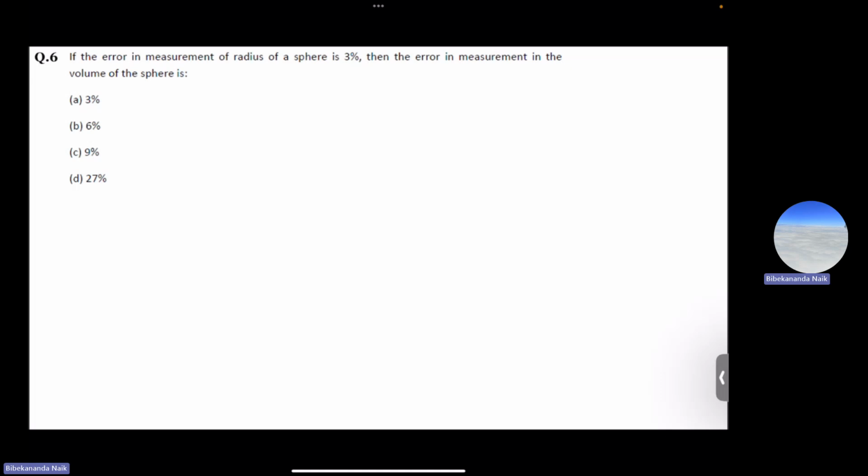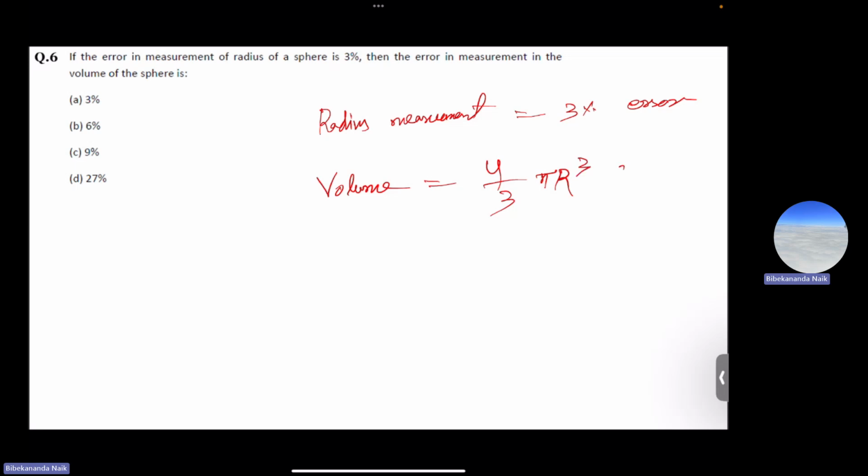So the error in the measurement of radius, in radius measurement, the error is 3%, and in the measurement of the volume. So in case of a sphere, volume is given by 4 by 3 pi r cube.